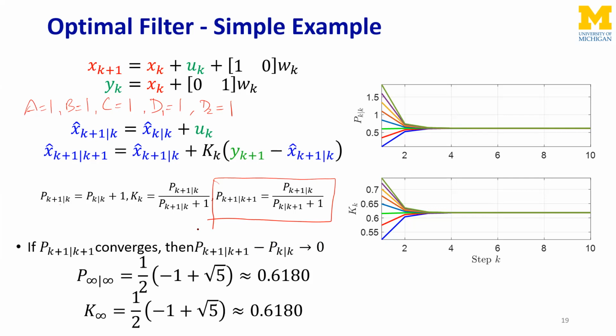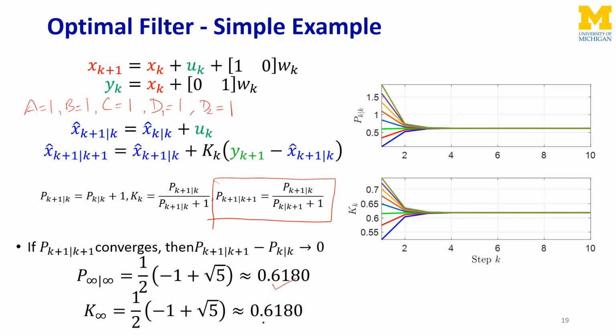Anyways, once I set P infinity in these equations and solve, we are going to get a quadratic equation. And once we solve for P infinity, we see that we get two solutions. One is going to be negative, one is going to be positive. We throw away the negative because covariances are always supposed to be positive. We keep the positive solution, and that positive solution is given by this term.